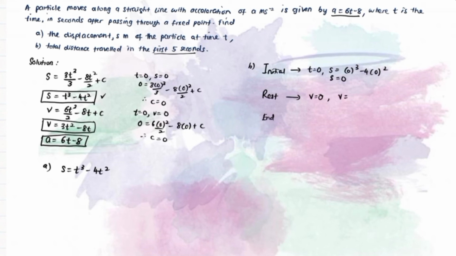Look at the velocity function. 3t squared minus 8t is equal to 0. Then we factorize it. t bracket 3t minus 8 is equal to 0. So we get t is equal to 0 and t is equal to 8 over 3.